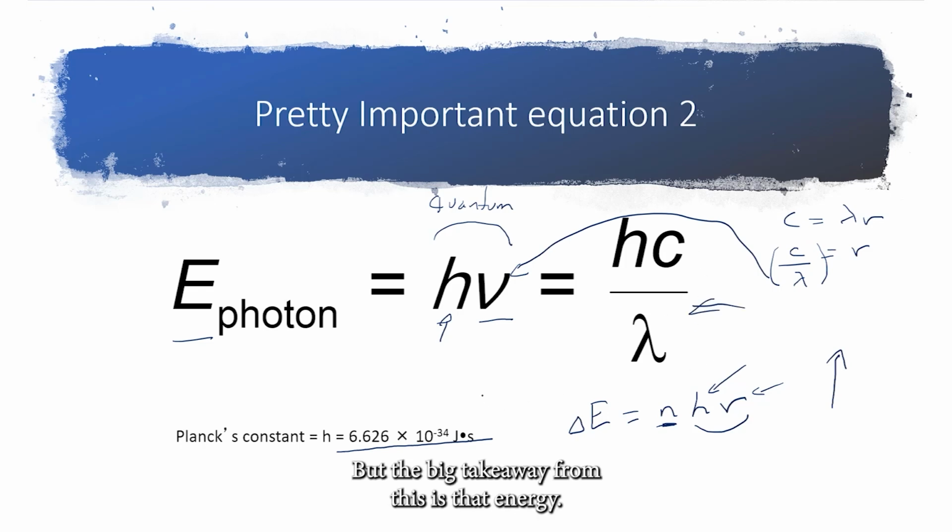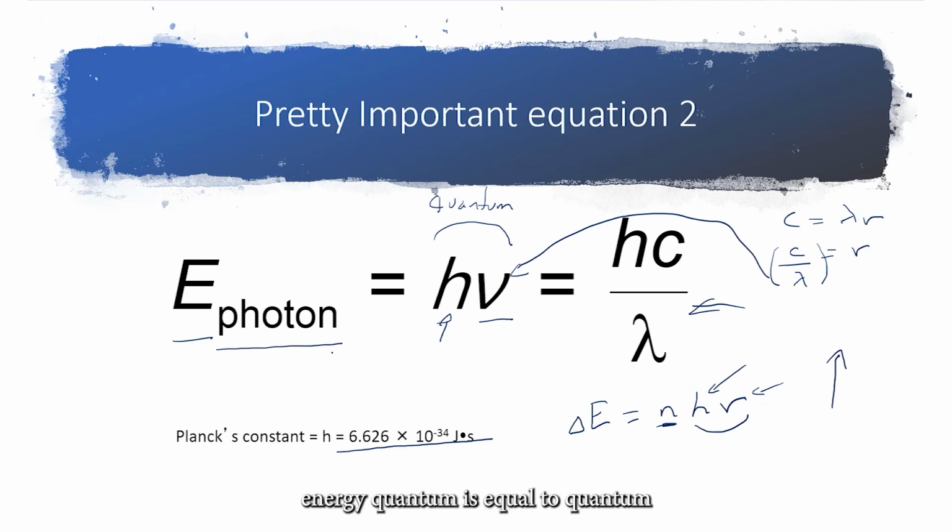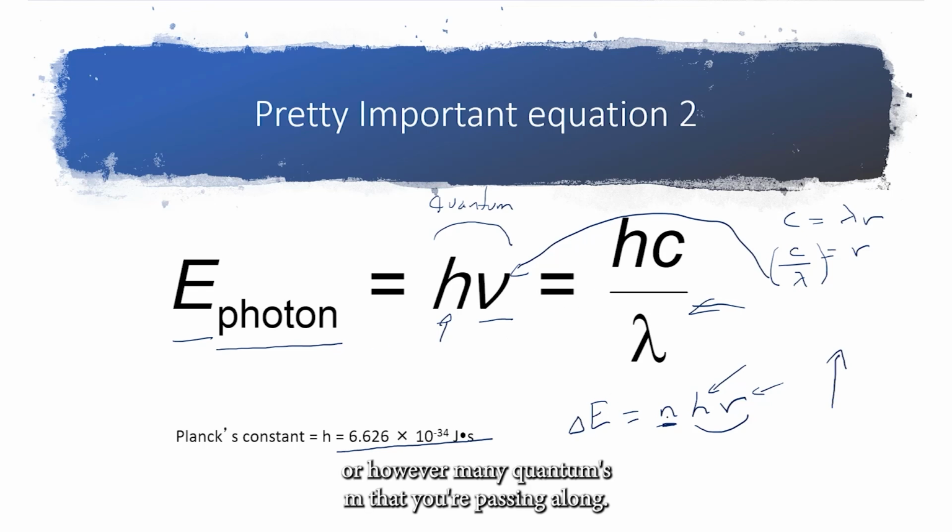But the big takeaway from this is that energy, and you've noticed how they wrote energy of a photon, a photon is just a light energy quantum, is equal to quantums, or however many quantums n that you're passing along. So if I want to pass one quantum to you, that's the least amount of energy I could ever give you. If I want to pass a lot of energy to you, I'm going to have to pass a lot of quantums. Now, we're going to talk about that a little bit more in class, but you should be aware of this equation.